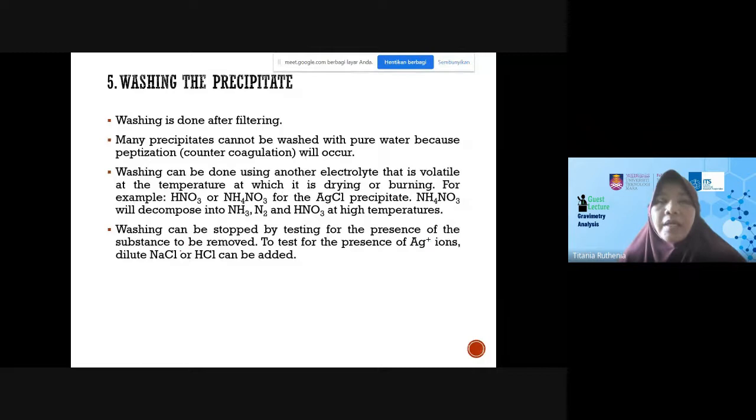We can add a few drops of NaCl or HCl. If there is a white precipitate of AgCl, then we have to wash the precipitate further. And if no white precipitate occurs, it means our washing is already enough, so we can stop the washing process.